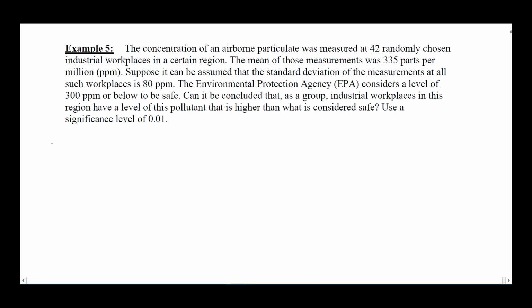Okay, so the first thing we want to do is write down our sample information. So N equals 42. That's our sample size. And our sample mean, our X bar, is 335 ppm.